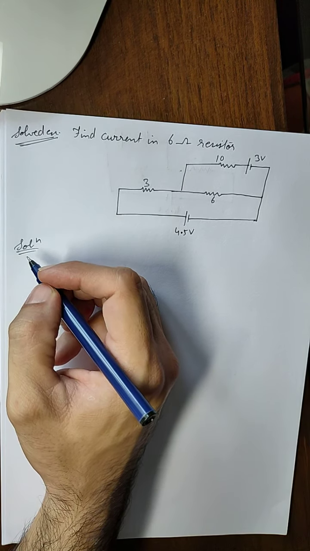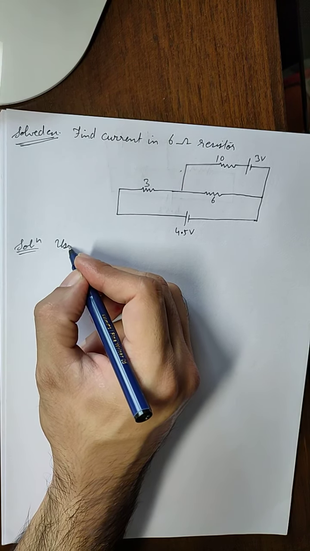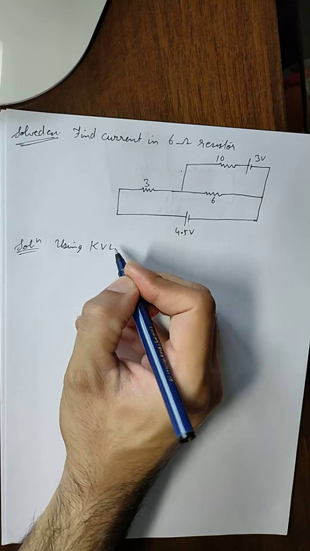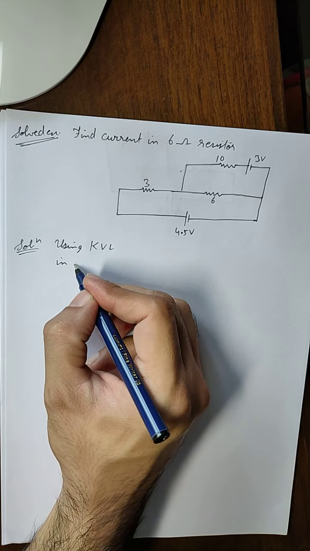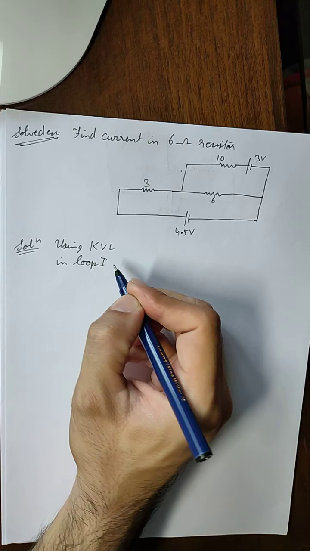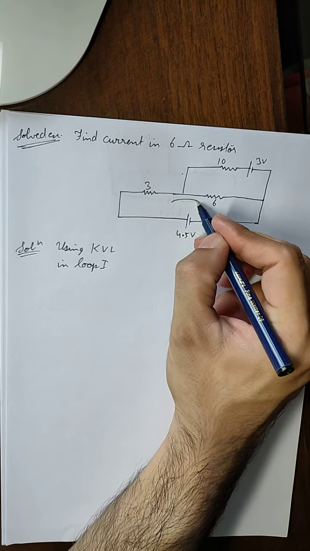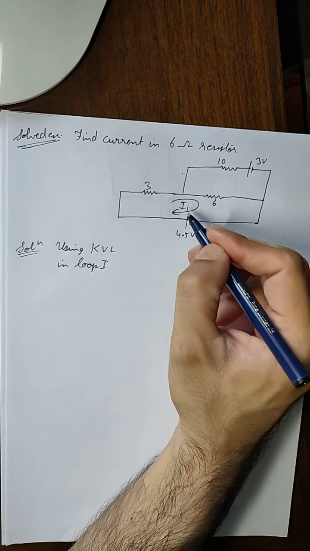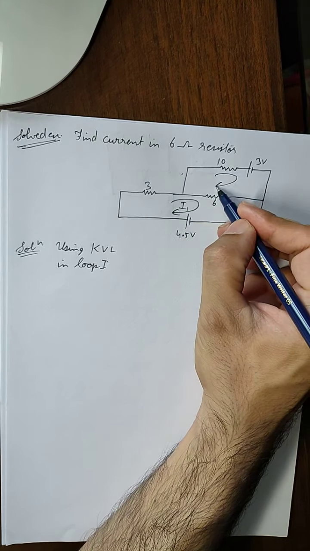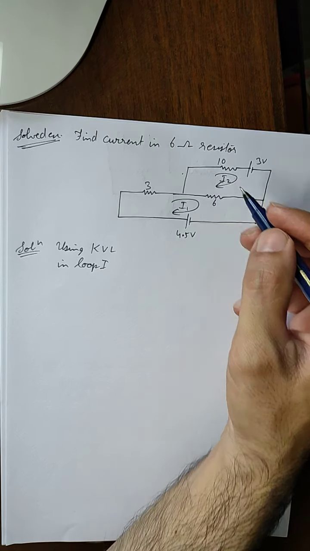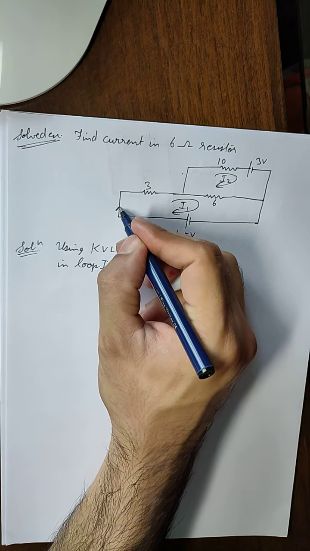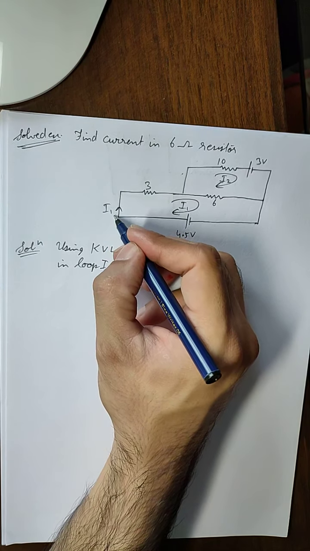So first we are going to use KVL. So we are using KVL in loop 1. So this will be our loop 1, and let us say the current I1 is flowing in this direction and current I2 is flowing in this direction. So here from this battery there will be I1 coming out.